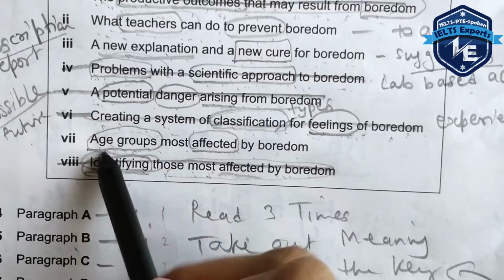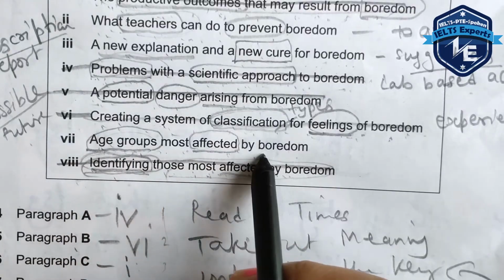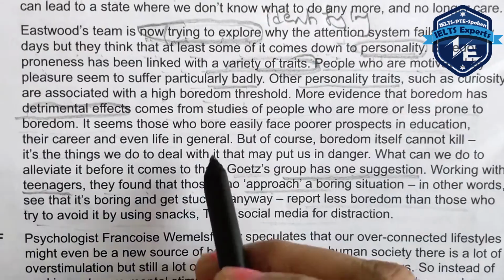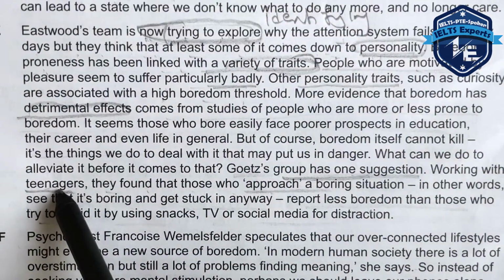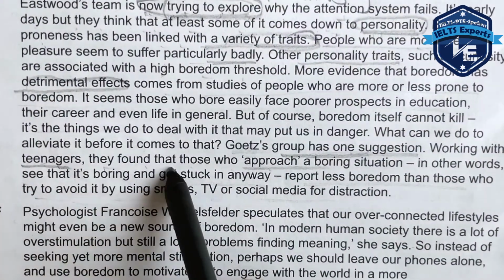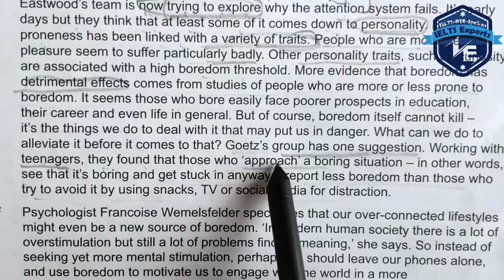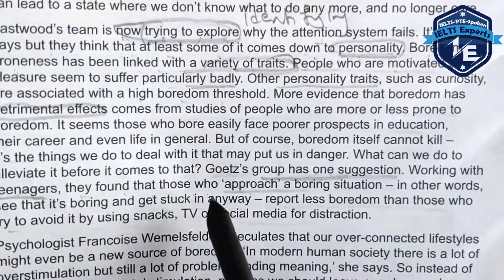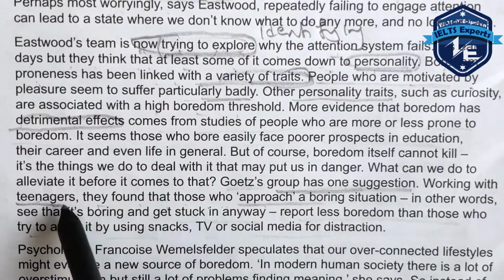So let's look at this option also. Age groups most affected by boredom. Here the word teenager is also given, but it doesn't mean you are going to opt for that option, because for age groups most affected by boredom, they are not talking about age groups.